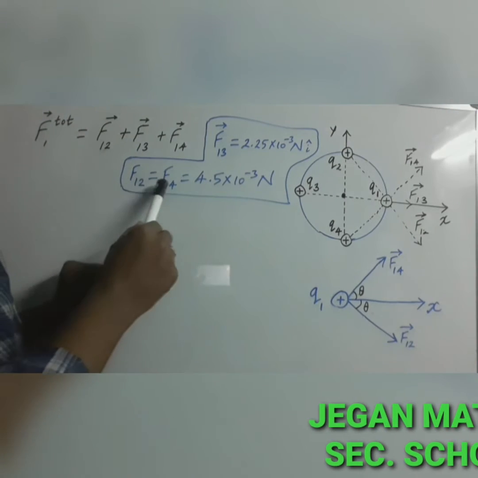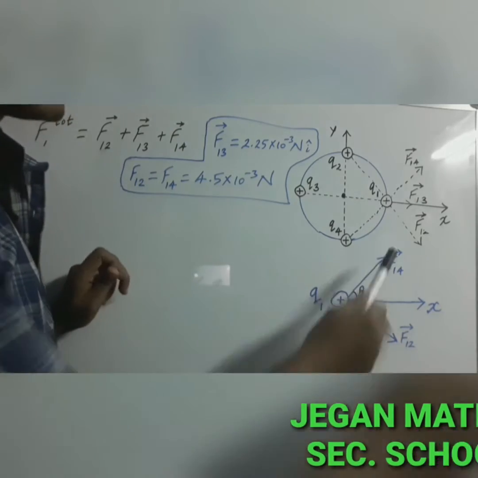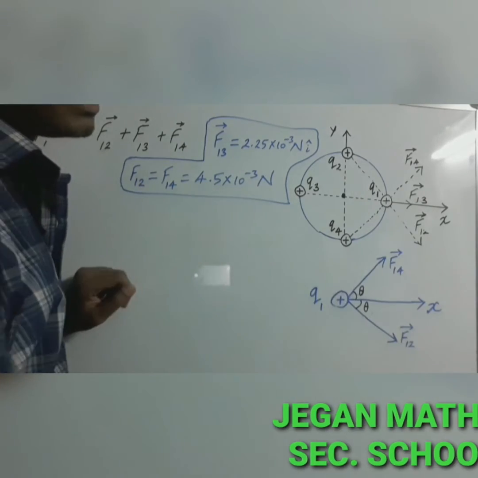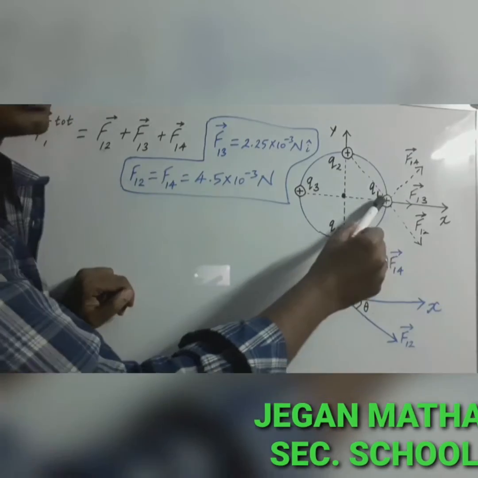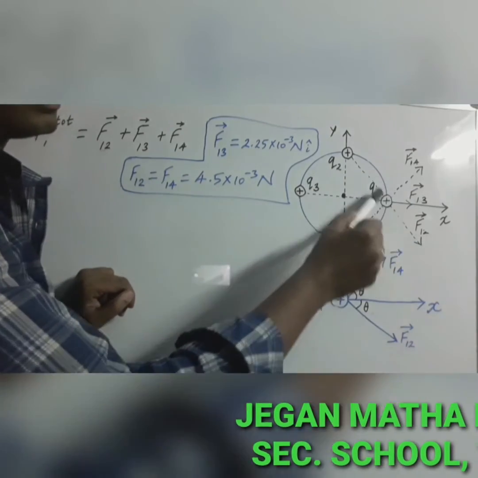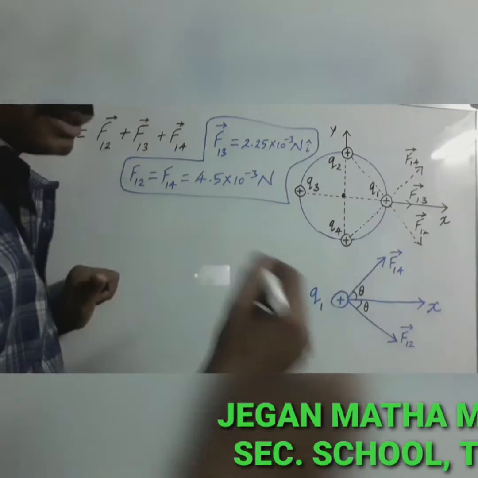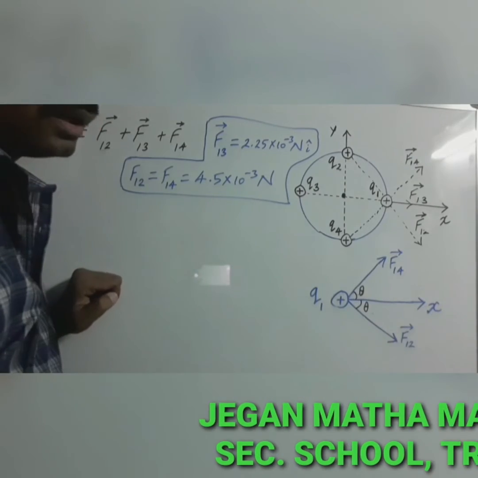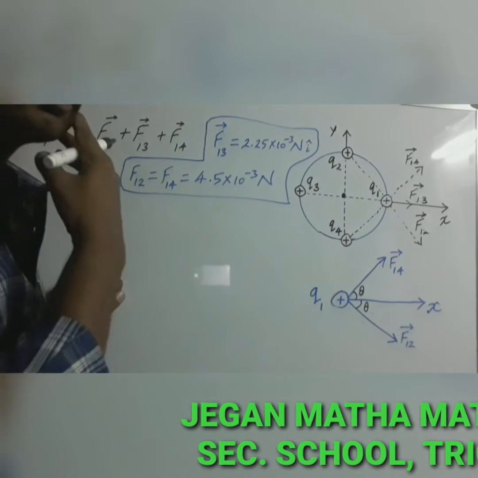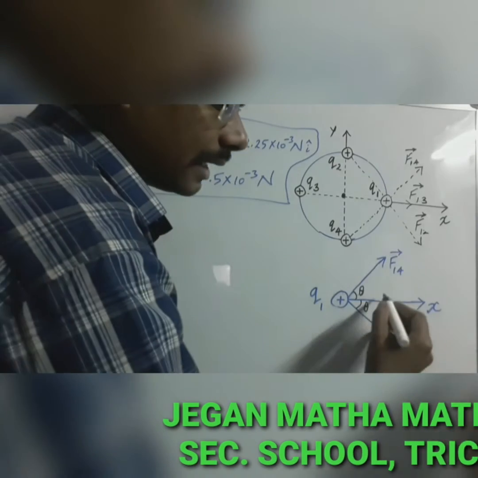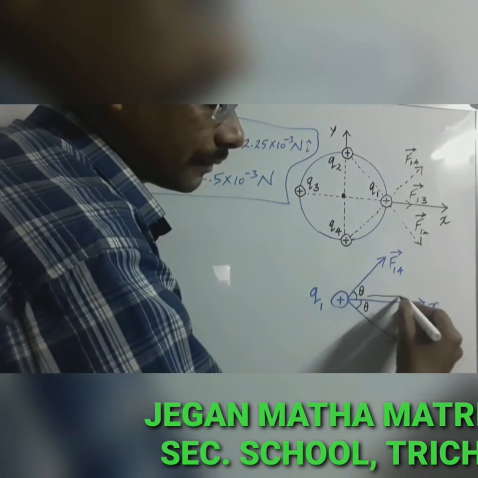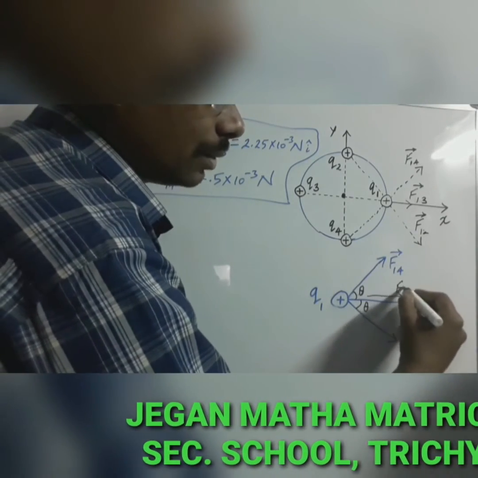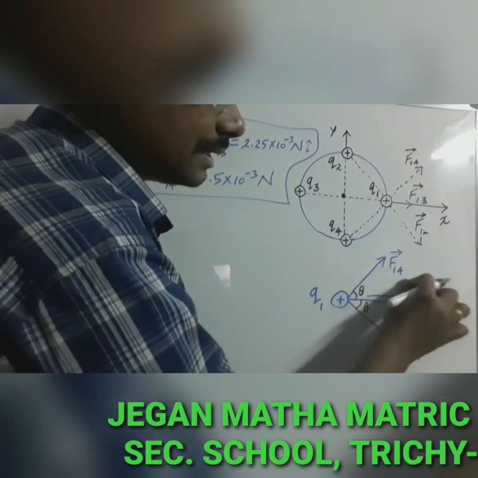Even though F12, F14 are equal in magnitude, they are in a different direction. So we have to find the resultant force on the Q1. For that, F14 and F12 are divided into their components. So near to the theta, we have the cos component, which is equal to F14 cos theta.